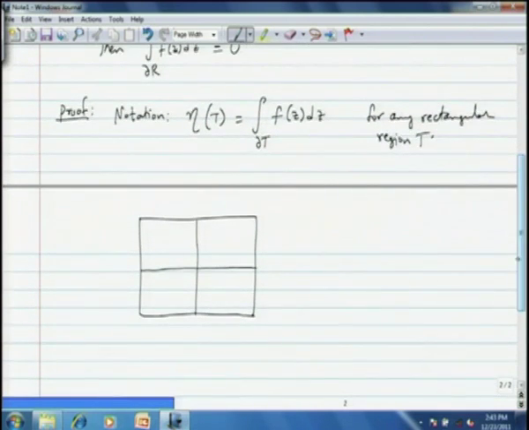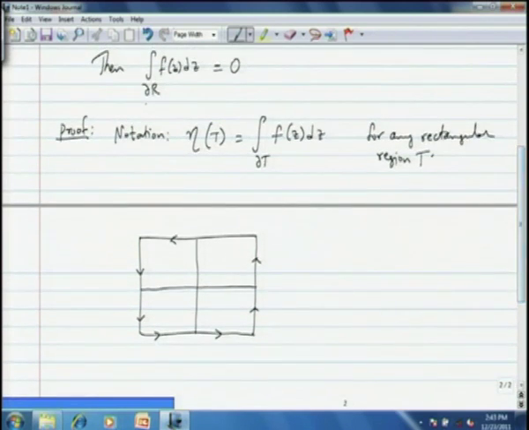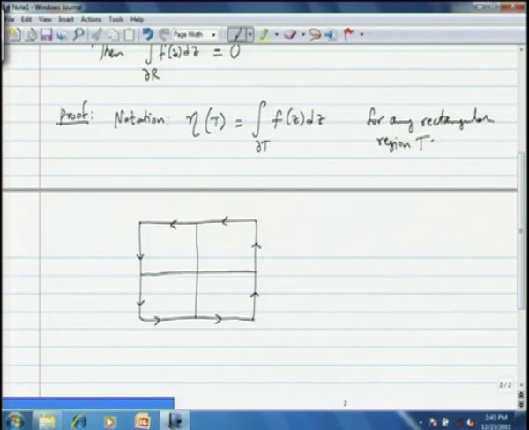So, here is the contour del R, which appears in the contour integral in the statement of the theorem. Like I mentioned last time, what we do is we take the rectangular region R, divided into 4 rectangular regions, and then we take these contours.